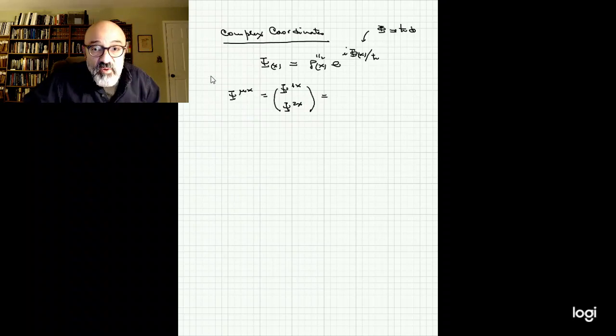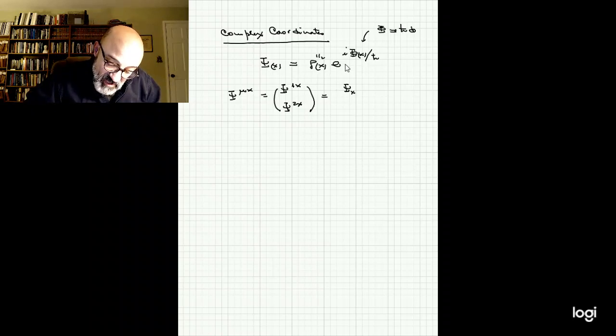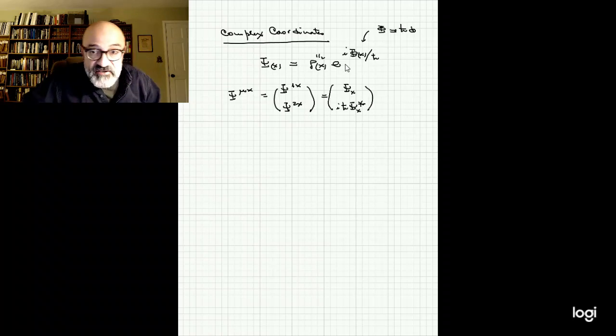And psi 1 is going to be exactly what I wrote up here. And for psi 2, I'm going to write the complex conjugate. But to make sure it is really the momentum canonically conjugate to psi, I have to include an i, and I have to include an h because of this.